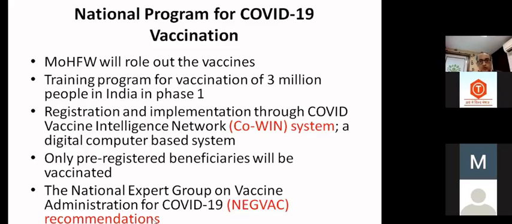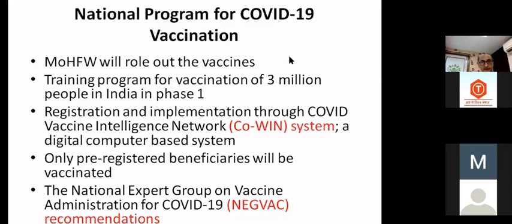I will go through how this is being launched, as this is important. The Government of India has formed a national program for the COVID-19 vaccination strategy. The Ministry of Family Welfare has collaborated with WHO, UNICEF and the Bill and Melinda Gates Foundation to formulate this program.